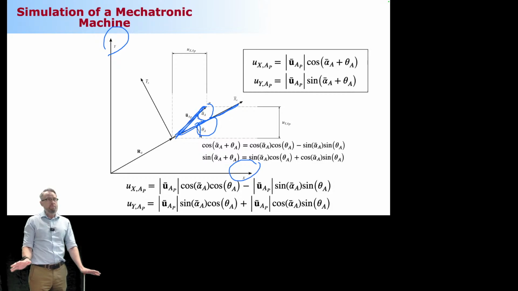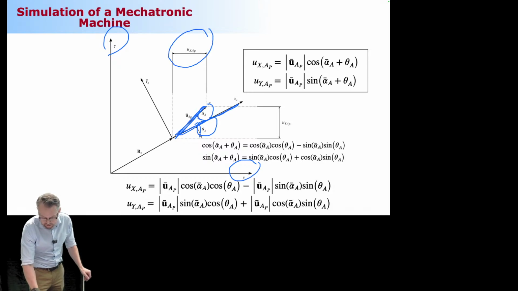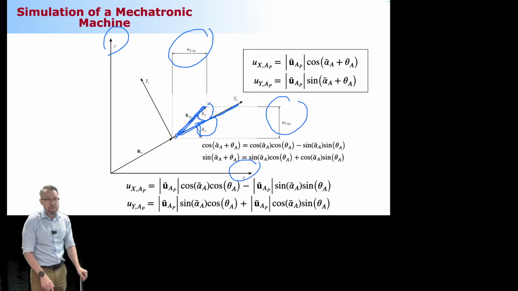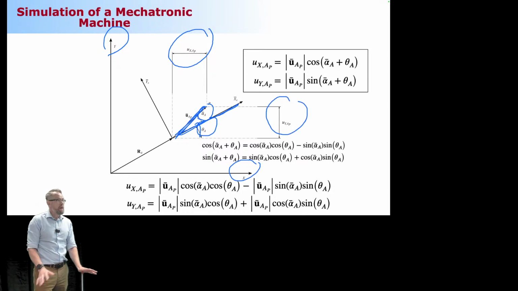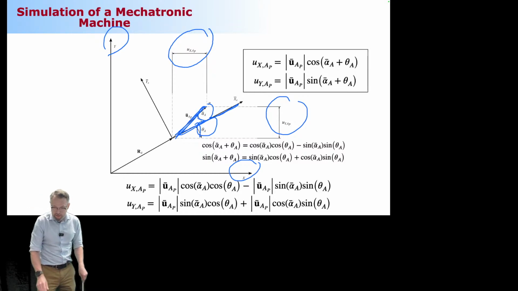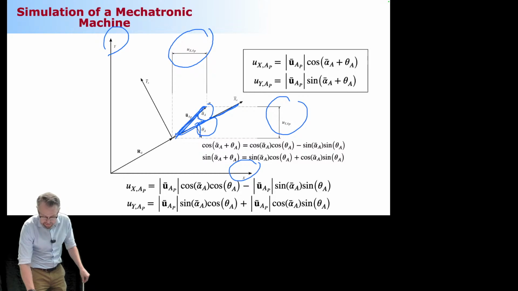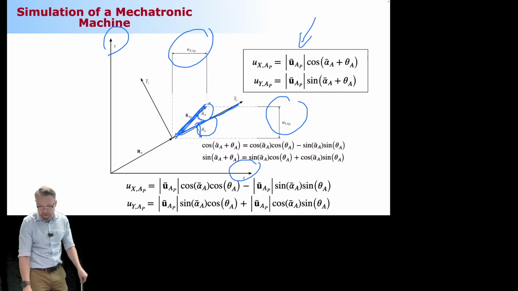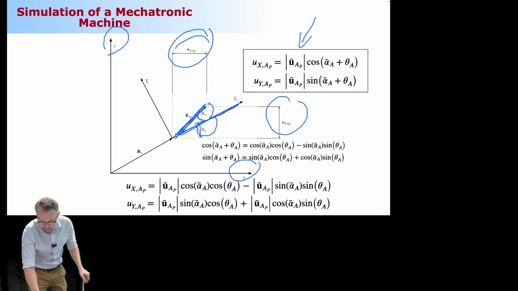But still the big mystery is what about these projections on the global x and y axes? How can we express those? Okay, now here comes some Mr. Mathematics. We make use of the length of vector U bar. So this is the length of vector U bar multiplied by cosine of alpha plus theta, because these are the two angles we have to deal with. And it's going to give us this x projection.